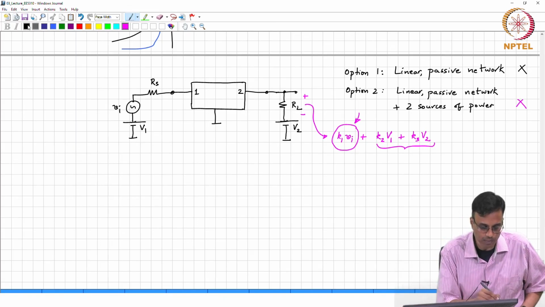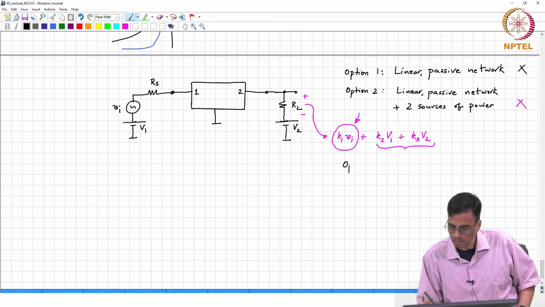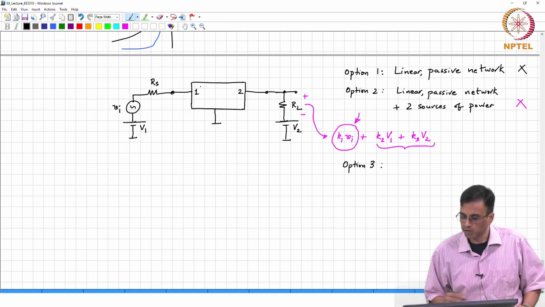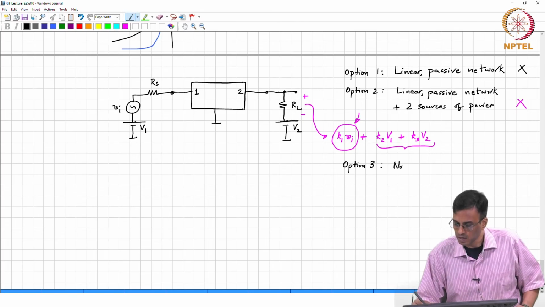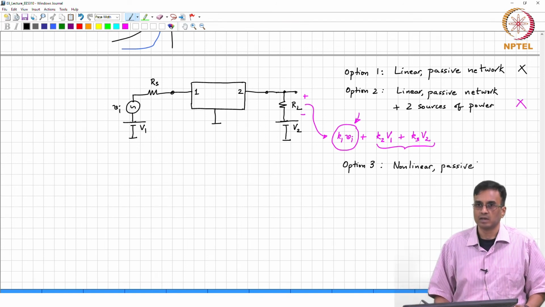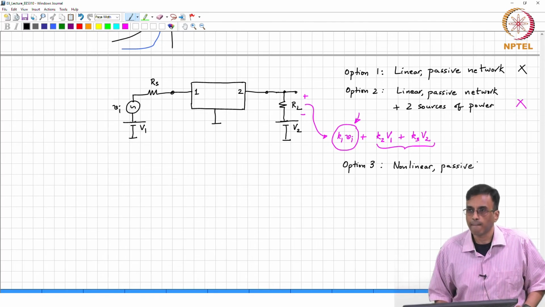So, what is the next option? This box must be non-linear and passive. Will that work? Yes, what do you think?